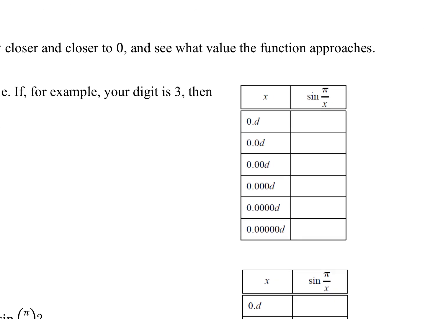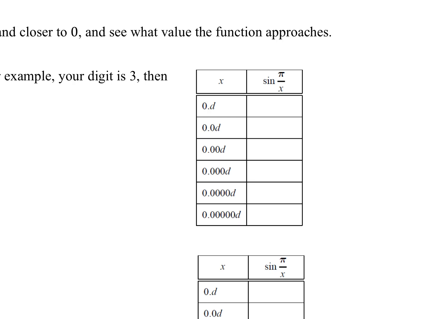Let's call this d is 3, okay? So the first one is sine of pi over 0.3. Please use your calculator and verify the following result. I got somewhere around negative 0.8660, okay? And more digits over there.